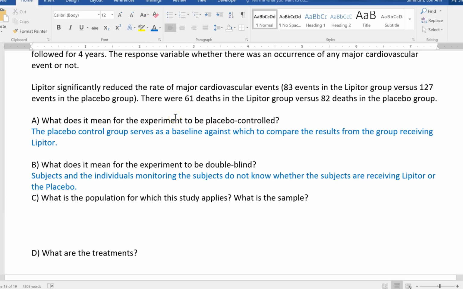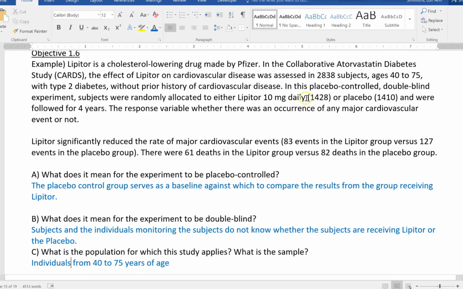What is the population for which the study applies? Individuals from 40 to 75 years of age. Okay, we cannot stop here. You need to include everything after that. So ages 40 to 75 with type 2 diabetes without prior history of cardiovascular disease.